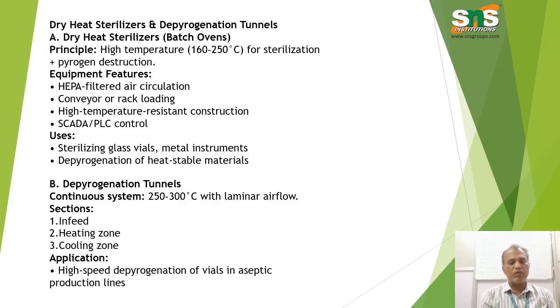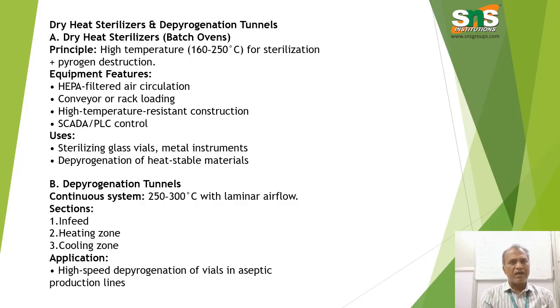Next, hot air oven or hot air sterilizing equipment. The principle is high temperature. It delivers dry, not moist, heat in the range of 160 degrees Celsius to 250 degrees Celsius. What are the equipment features? Like the previous equipment, the same SCADA PLC control, integrated sensing control, and high temperature resistant construction.